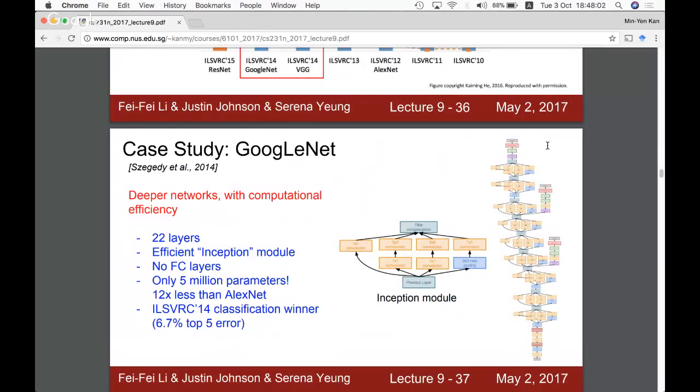It was a little deeper, just 3 layers extra, that's 22 layers, and the advantage was it didn't have any fully connected layers. They reduced the number of parameters with the help of something called the inception module, which I'll briefly explain. Because of this, they brought the number of parameters far below AlexNet, which had around 60 million with 8 layers, while this is a 22-layer network with just 5 million parameters.